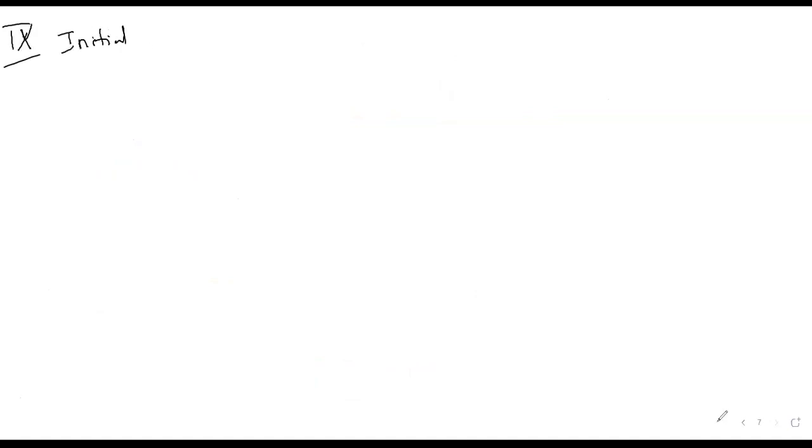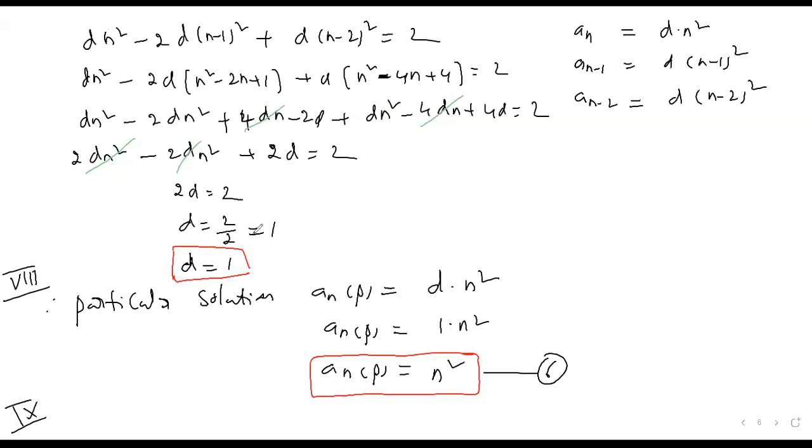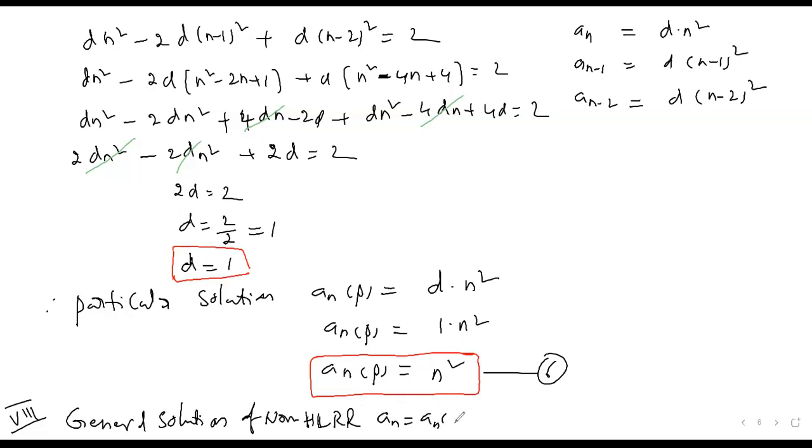Oh, sorry, 1 minute. Here we got the particular solution. We require the general solution. What is the general solution? I told to you. General solution of non-homogeneous linear recurrence relation: a_n equals a_n of h plus a_n of p.